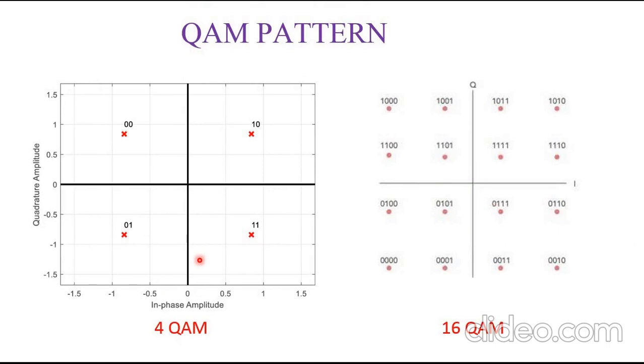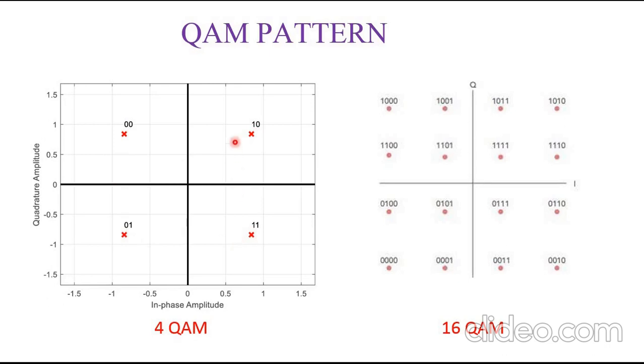This is the in phase axis, which is denoted by I, and this is the quadrature axis, which is denoted by Q. Now, first we will plot 4 QAM, which has constellation points over here and here.